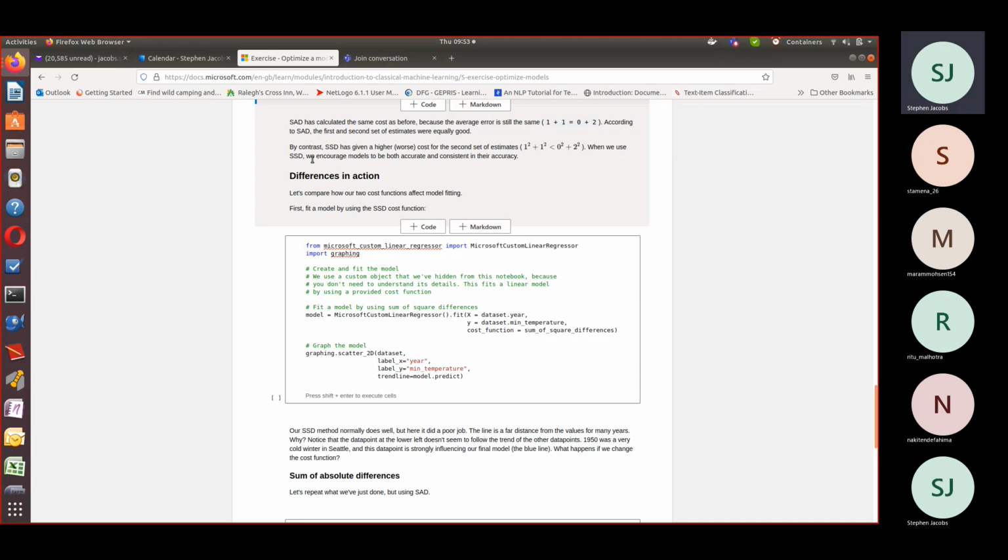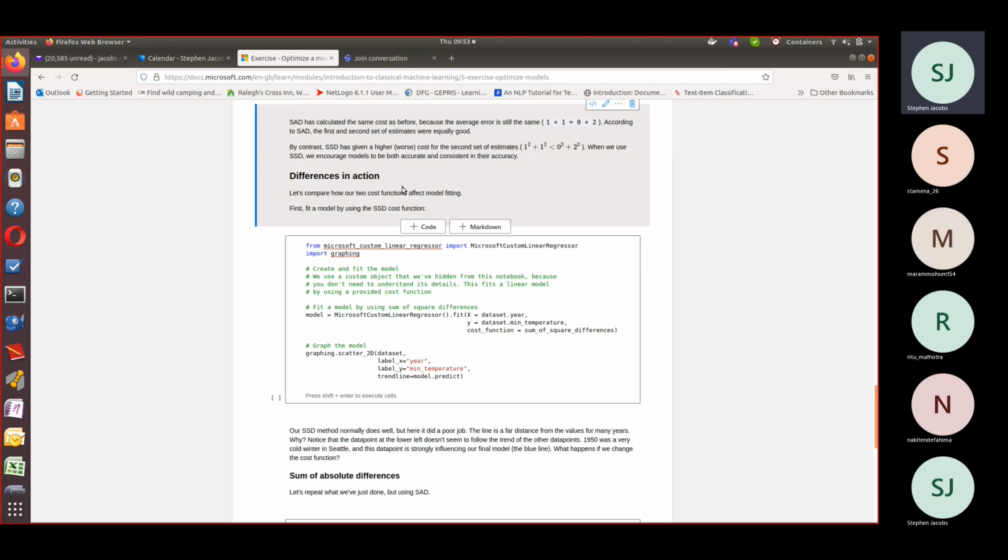So when we use SSD, we encourage models to be both accurate and consistent in their accuracy. With SSD, if you do get a value that's a little bit off to the side, its effect is squared. Okay, so you have to be careful with what modeling you're using. If you're confident in your modeling, then you can afford to go to a squared model format.